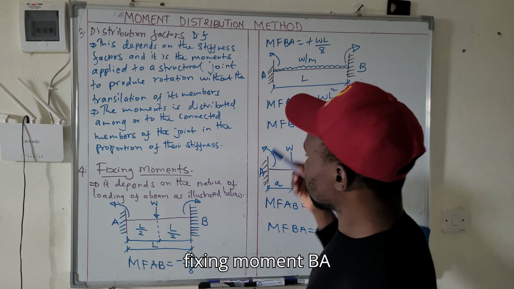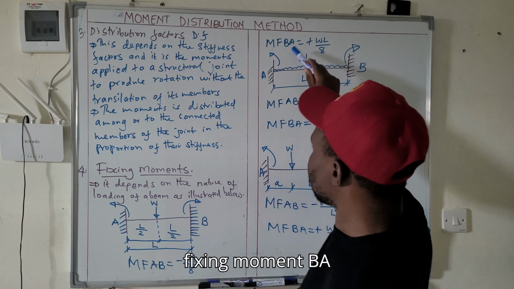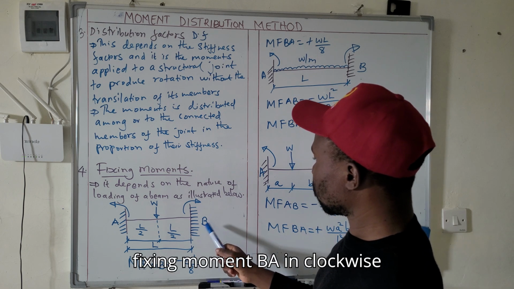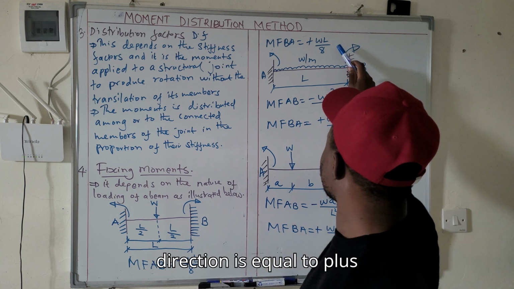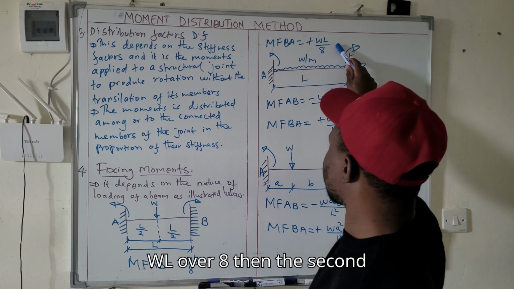Then fixing moment BA, in the clockwise direction, is equal to plus WL over 8.